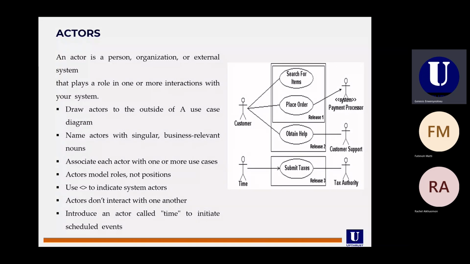We also need to have it in mind that our actors represent roles and not positions. So you won't say first customer, second customer, third customer. No, you just have customer as an actor for our diagram. They don't represent positions. You can't say senior customer support, junior customer support, or thereabout. We just have one customer support.